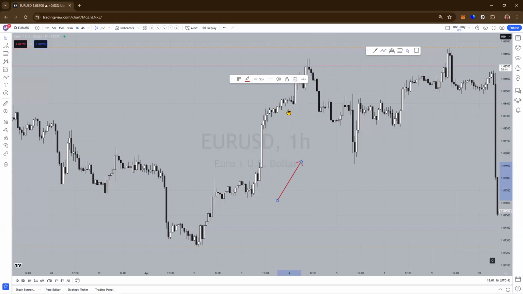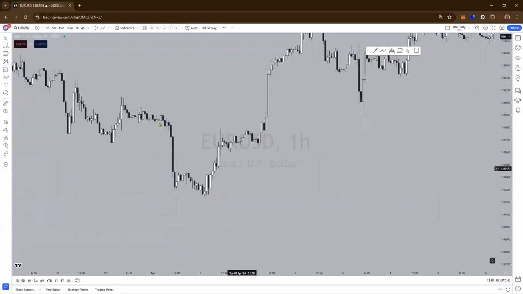But if we look left, we need to understand, where is the reversal happening in this downward trend? So we mark out the most recent lower high, which is right here.